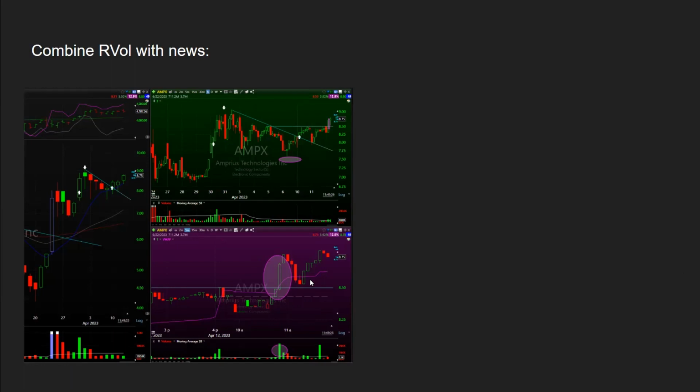I suddenly saw the RVol on this stock go up. You can see this on the 5-minute chart as well. Volume came in and suddenly the RVol turned from red to green. So when situations like this happen, what I usually like to do is search if there was any kind of news item that just came out that made the stock pop.